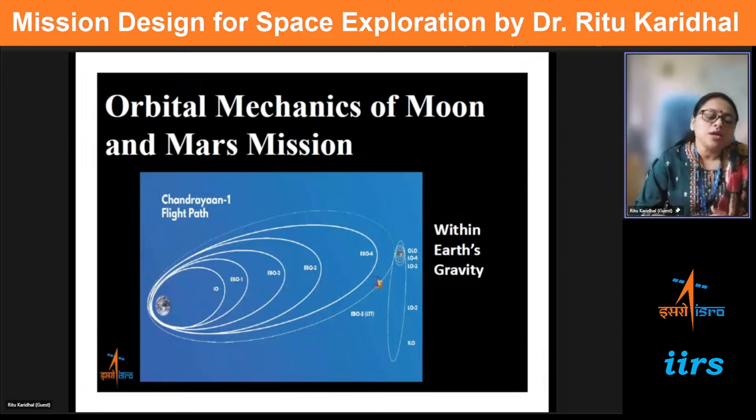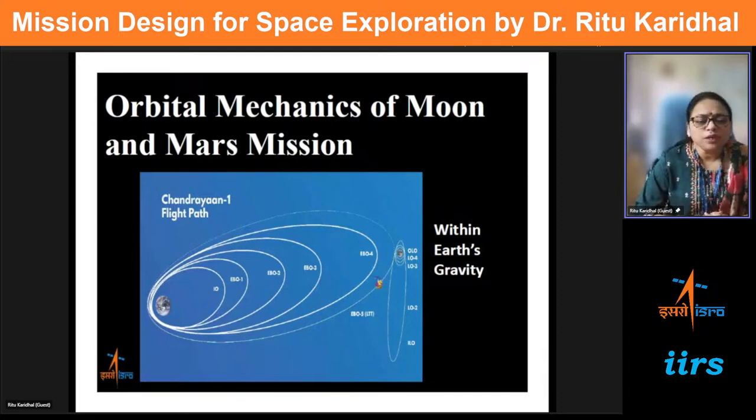You would also have read about the gravitation force, the force of gravity, the effect of the gravity force, how a body moves in the field, the sphere of the gravity. So this is what we cover in orbital mechanics.